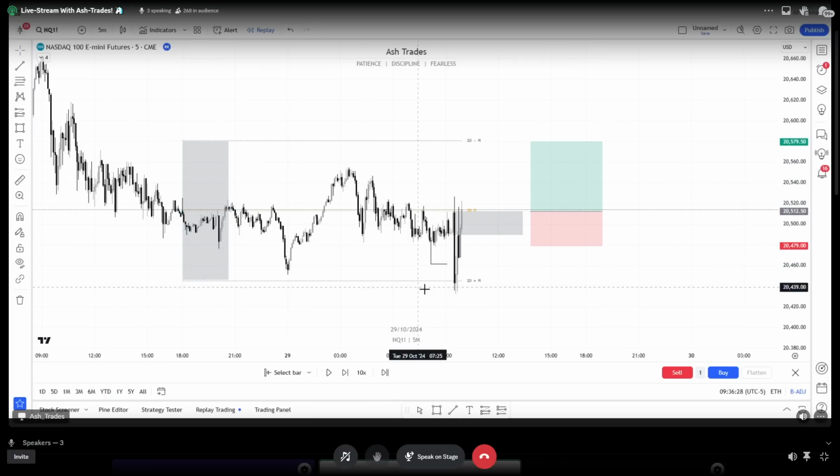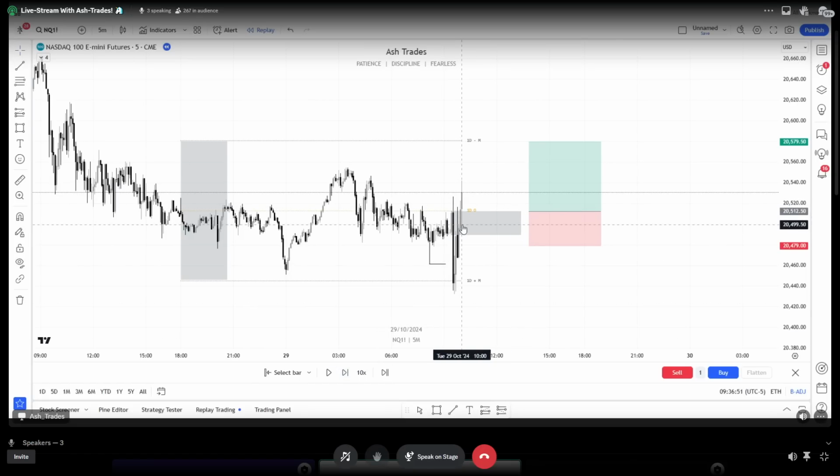We're looking for manipulation of the range. When we get manipulation of the range, do we get our entry function as a way to engage with price to target the other side of the range? Let's see if we get an entry. Let's see what happens to this position.